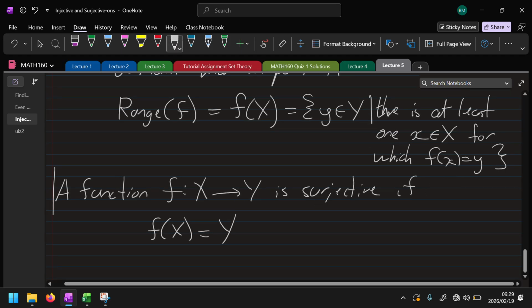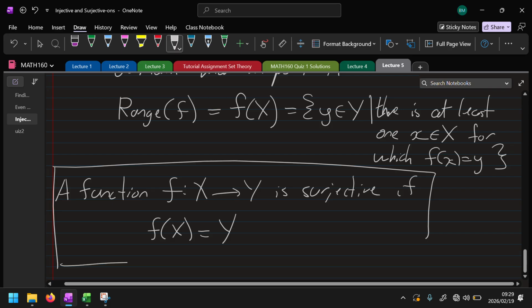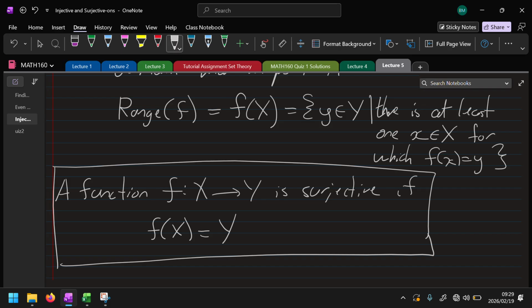Please put a big box around this. This is what we're going to be using for the calculations. So a function f from x to y is surjective if the range is equal to the codomain.